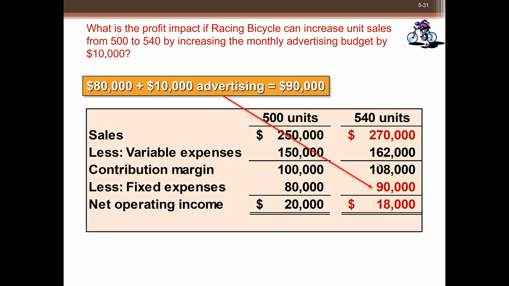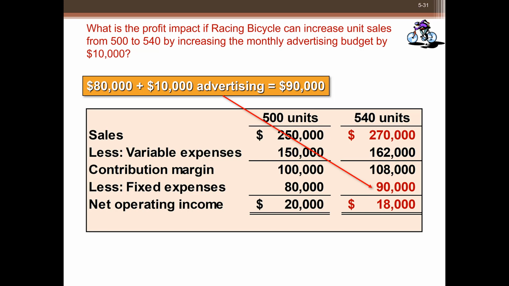The difference is contribution margin, 108,000. Fixed expenses increased from 80,000 to 90,000: 80,000 plus 10,000 advertising, you get 90,000. And subtract fixed expenses from total contribution margin, you'll get 18,000.